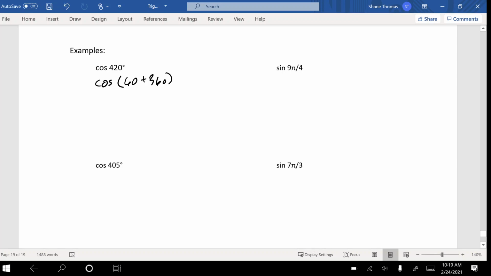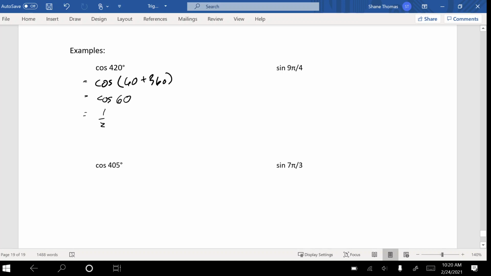So now I'm only worried about the cosine of 60. 420 is what we started with. Okay, so look at your unit circle. What's cosine of 60? 1/2. Correct, 1/2.